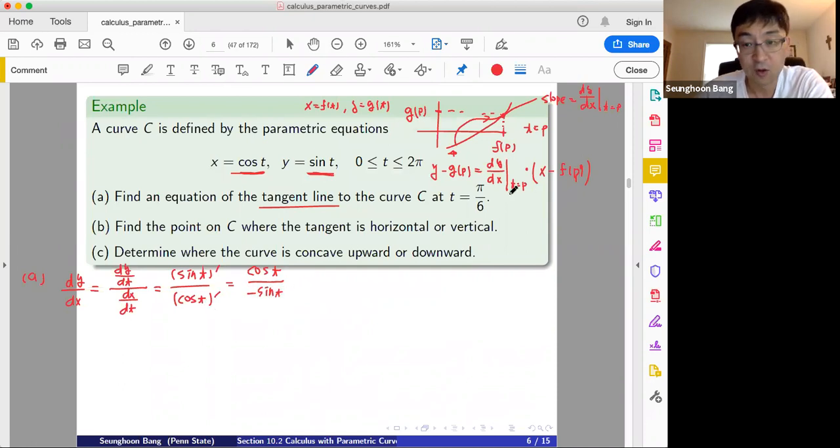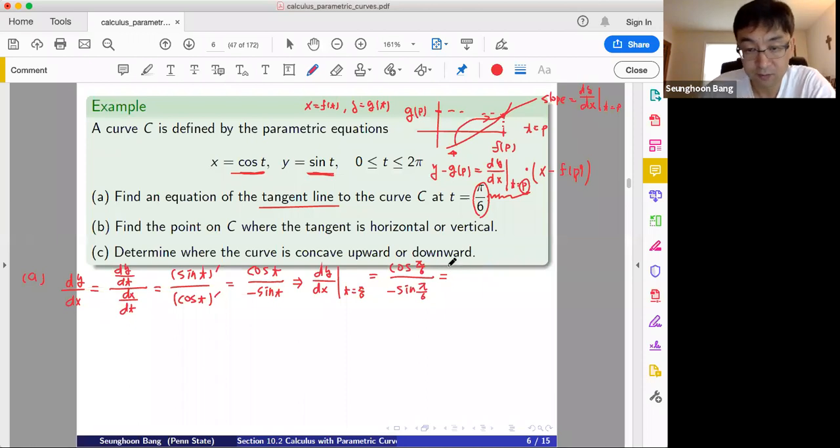The next, you can find dy over dx at t equals p. What's p? This p is pi over 6. So the slope of the tangent line is dy over dx at t equals pi over 6. You can plug pi over 6 into t: cosine pi over 6 over negative sine pi over 6. So what is cosine pi over 6?